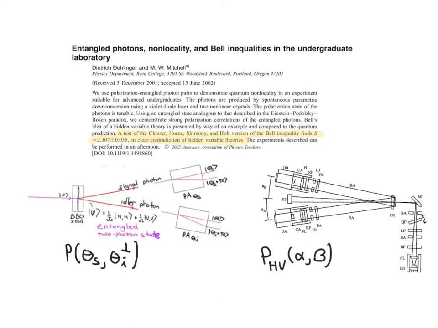And I've highlighted in the abstract a sentence, and I want you to try to understand as best you can what this sentence means, because this is really the key conclusion of the paper. A test of the Clauser-Horn-Shimony-Holt version of the Bell inequality finds S equal to 2.307 plus or minus 0.035, in clear contradiction of hidden variable theories. Well, what the hell does that mean?